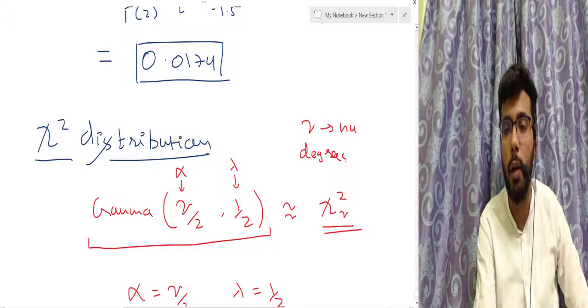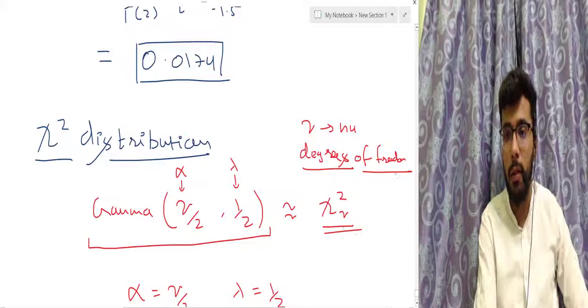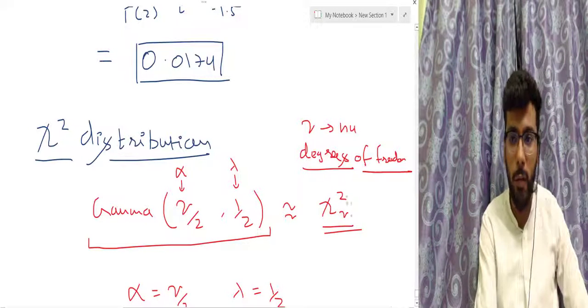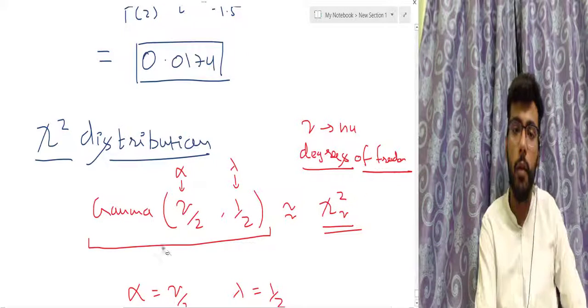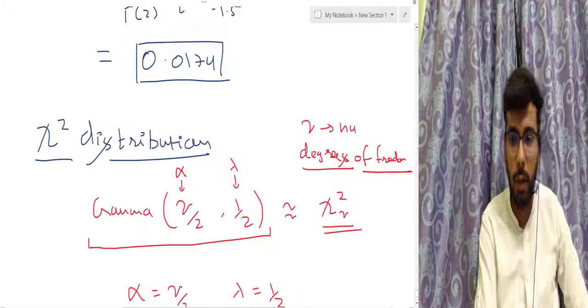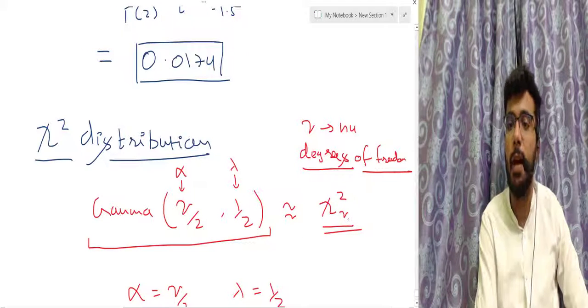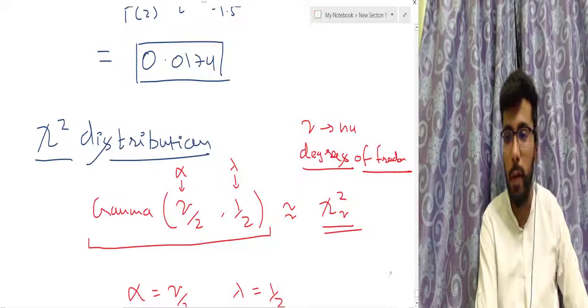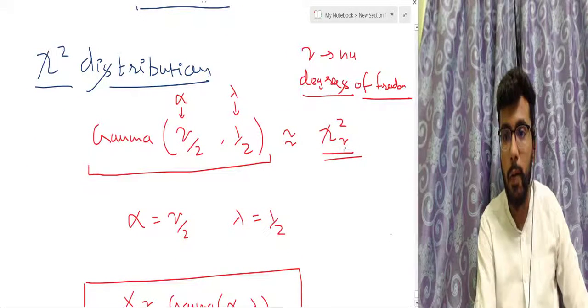We'll discuss the exact definition of degrees of freedom in a later chapter, but for now you can just think of it as the parameter of the chi-square distribution. So gamma nu by 2 comma half is the same as chi-square nu distribution. That is your definition for chi-square nu distribution.